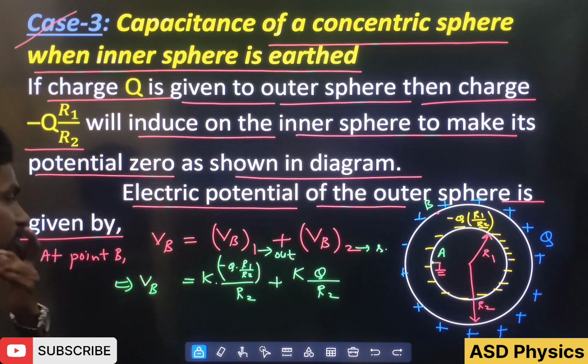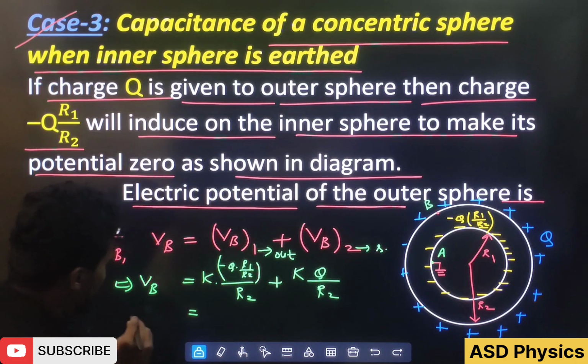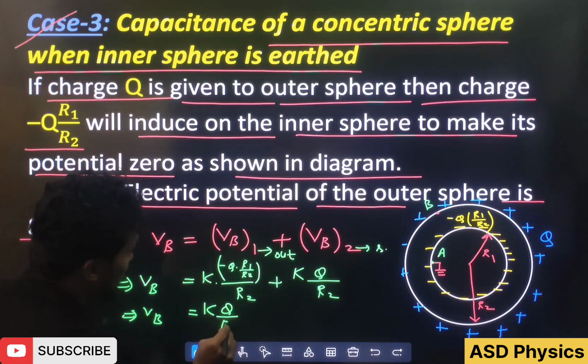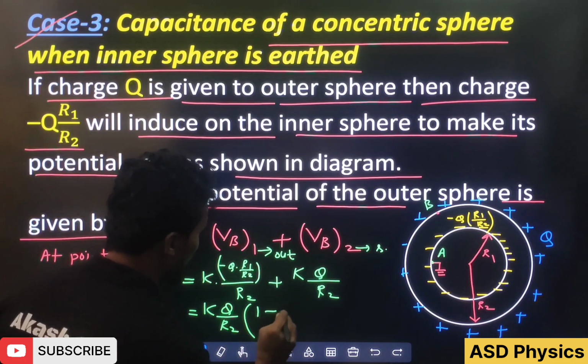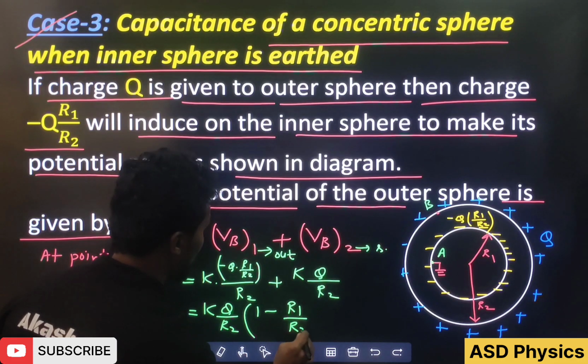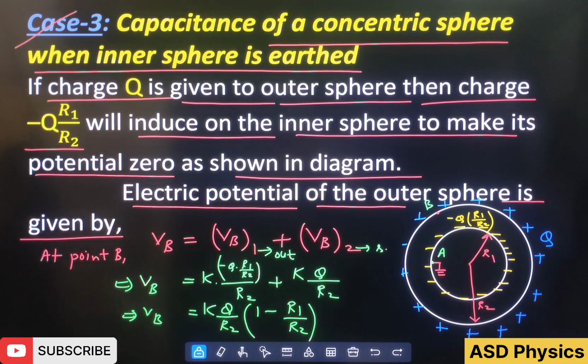And what can we take common here? You can see KQ by R2 we can take common. I will write here VB, KQ by R2 I have taken common outside. That means what will come? 1 minus R1 by R2. So VB is KQ by R2 times 1 minus R1 by R2.